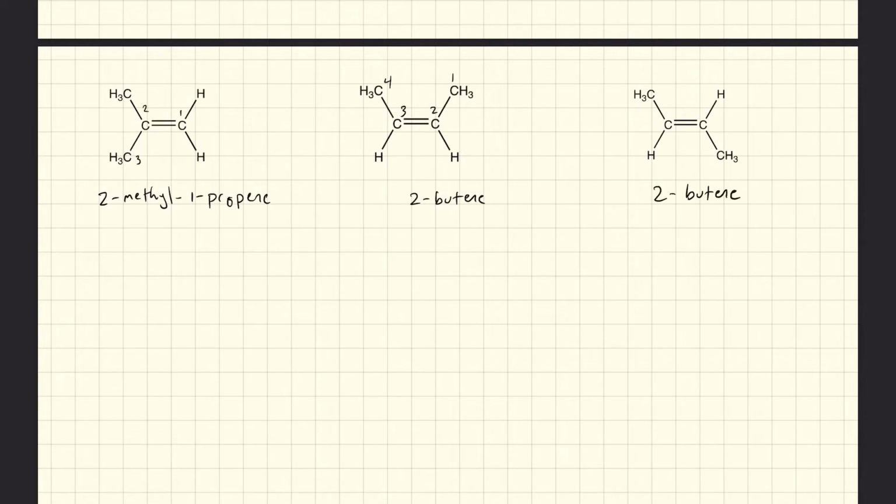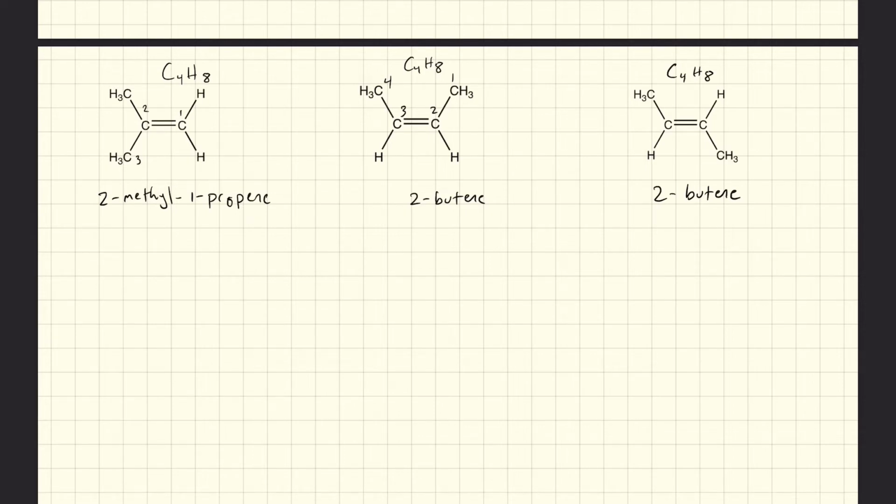Okay, when I look at the chemical formulas for all of these, so this one is C4H8. This one is C4H8. And this one is C4H8. So these are isomers.